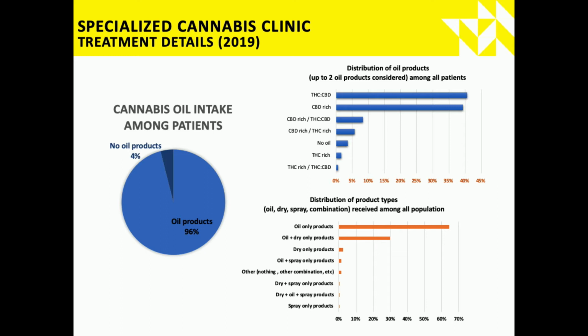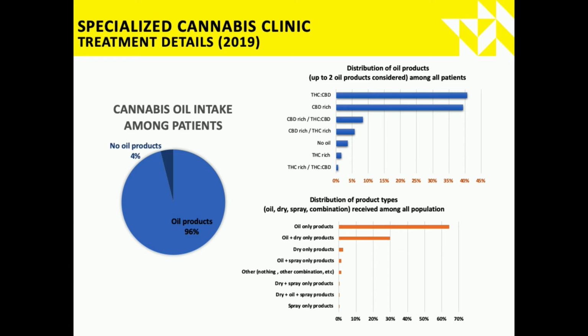Now, we're looking at combinations: CBD-rich and THC-CBD balanced. When we say THC and CBD, we mean balanced products, where more or less the concentration of THC is equal to the concentration of CBD. In all natural products, there is still some THC in the CBD-rich products, and there is still some CBD in the THC-rich products.